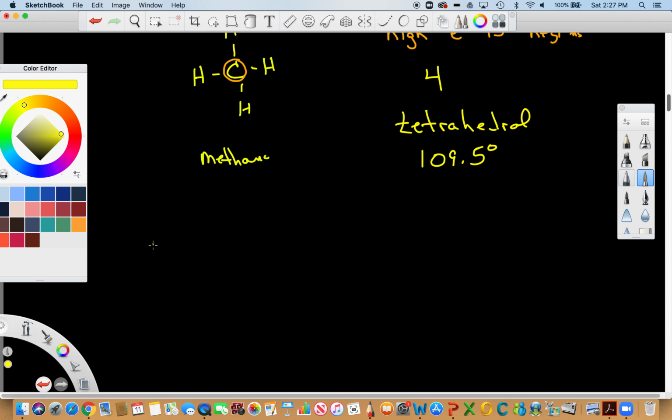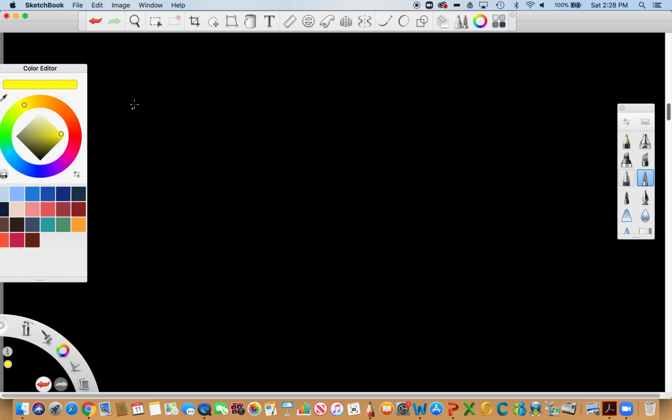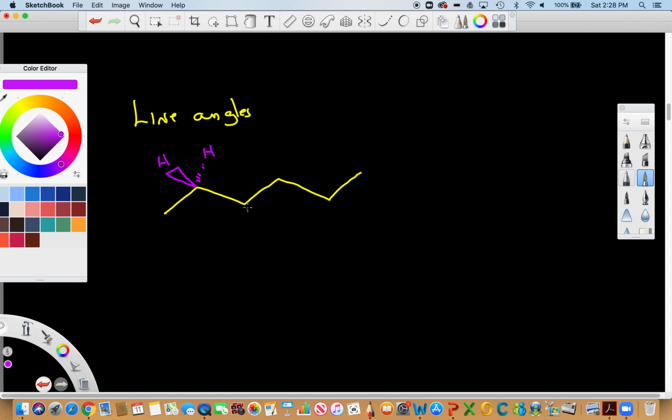So when we did those line angles, we didn't show a hydrogen coming off. In reality, one of the hydrogens is coming off towards us, and the other one's going back into the board. So then here it's going to be going back into the board and towards us.